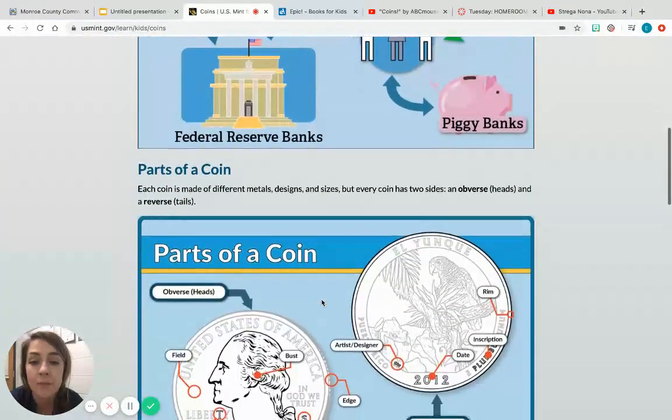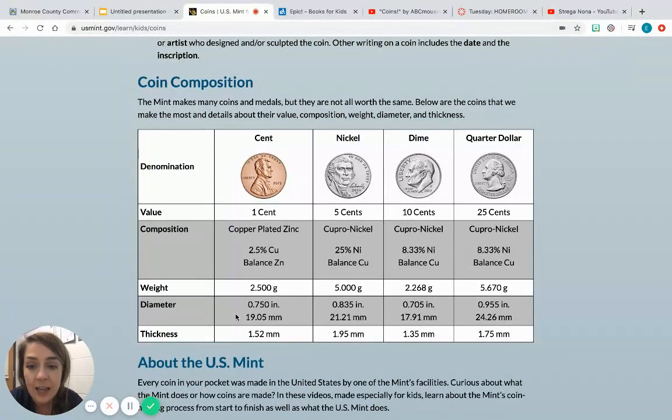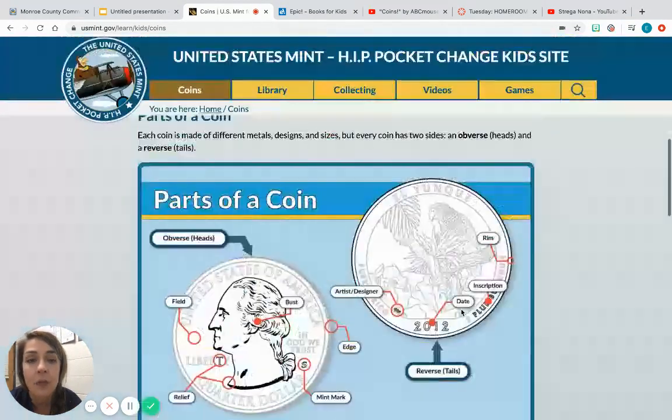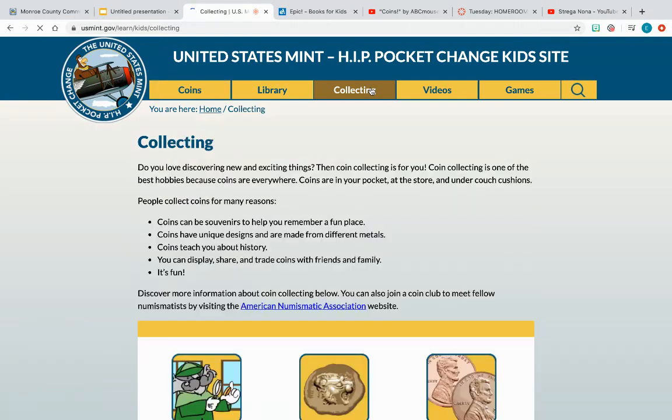bring you to some information about the types of coins there are, what the value is, what they're made of, how big they are, how much they weigh. There's the video again that you watched up above. Here's another little video. There's also some more information about collecting.